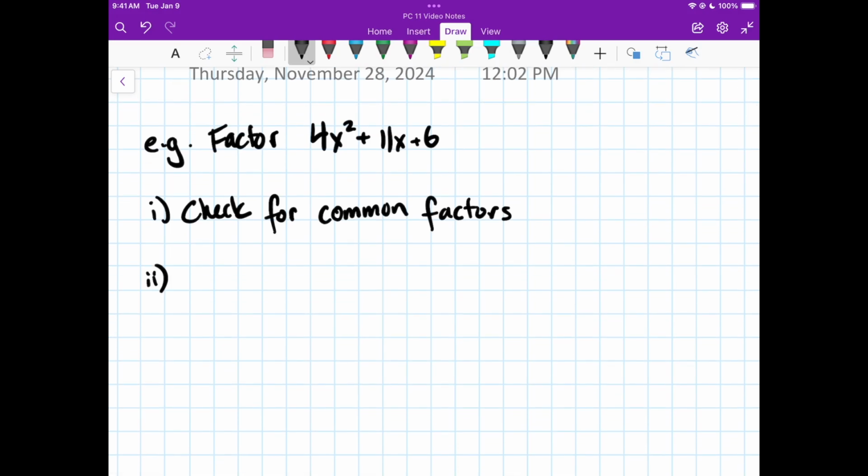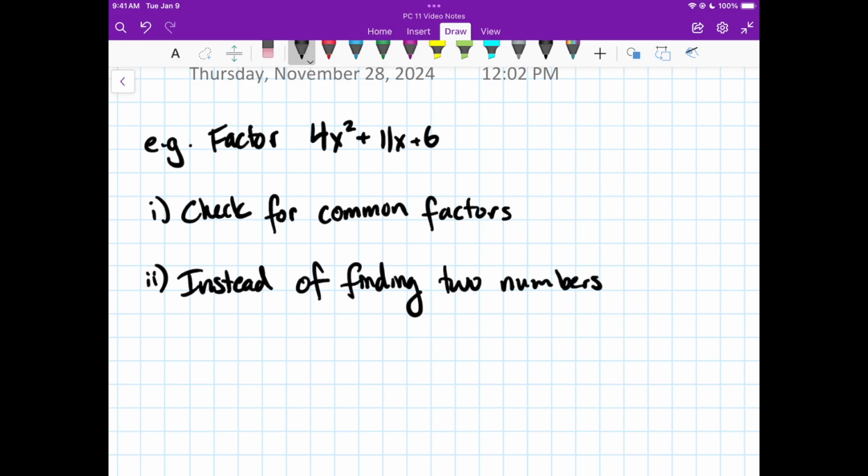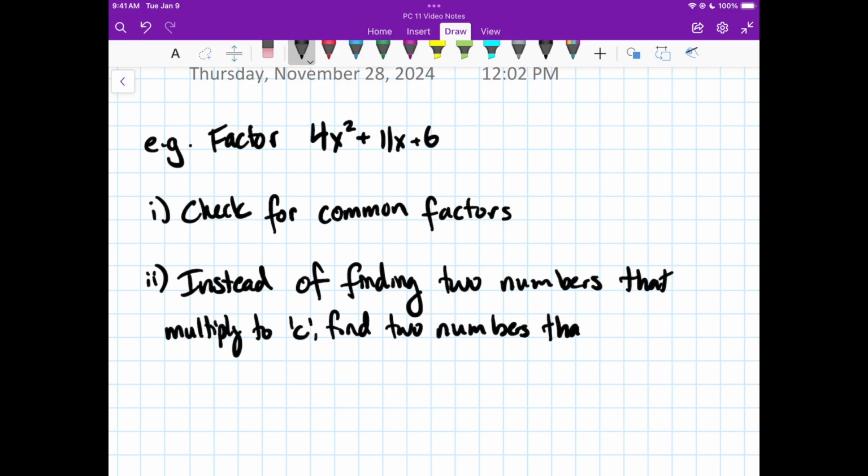What we're going to do now is, thinking back to the last video, remember you want to find 2 numbers that would multiply to your c and add to your b. But because we've got an a value here, we're going to have to change that a little bit. So instead of finding 2 numbers that multiply just to c, we're going to have to find 2 numbers that multiply to a times c. All right.